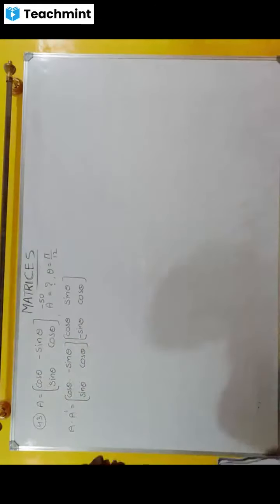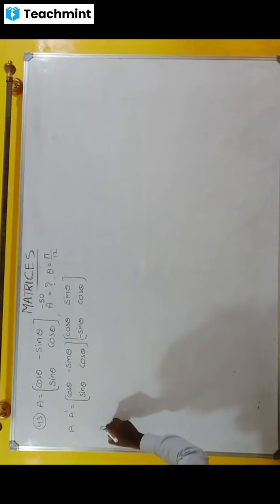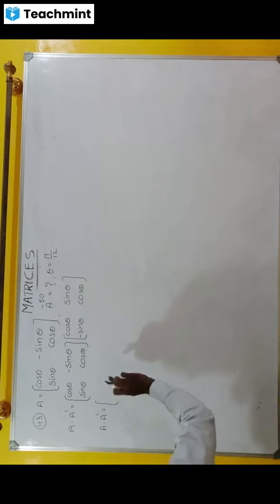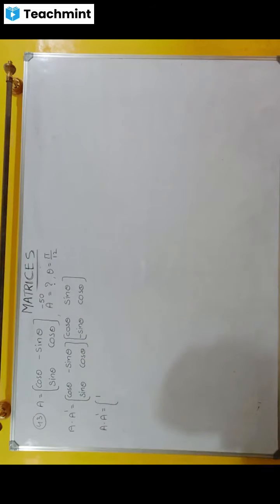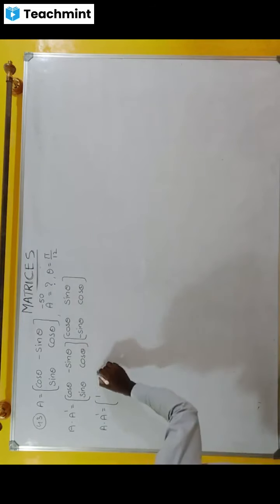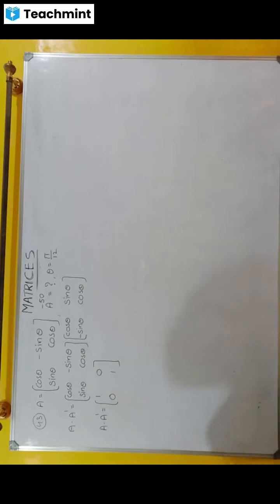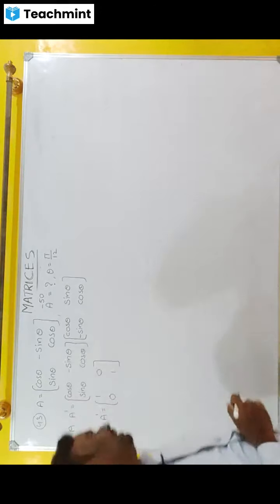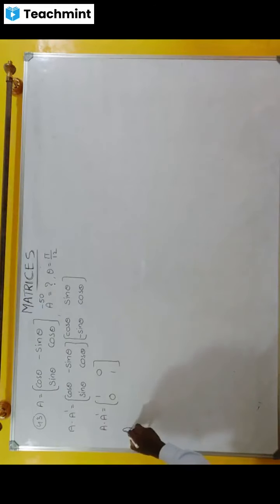If you multiply these two matrices, what will we observe? Cos into cos is cos square, minus of minus, plus sin into sin is sin square. Cos square theta plus sin square theta is 1. Cos into sin minus sin into cos, both cancel, 0. Then we get 1 0 0 1. 1 0 0 1 is nothing but which matrix? Identity matrix. Then we got A into A dash is equal to I.